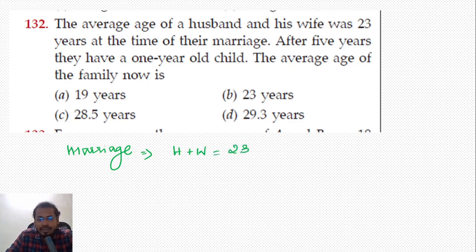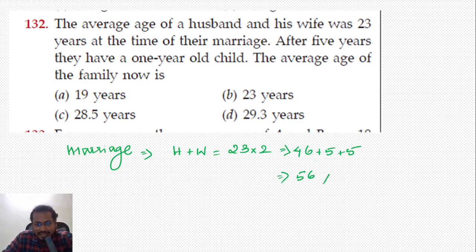That means 23 into 2. So 46 total. Okay. So after 5 years, what is their total age? Husband got 5 years more, wife got 5 years again. So 46 plus 10, 56. Now their sum is 56 years.